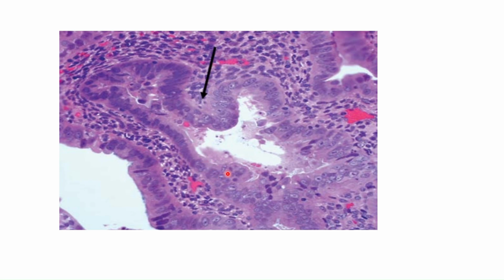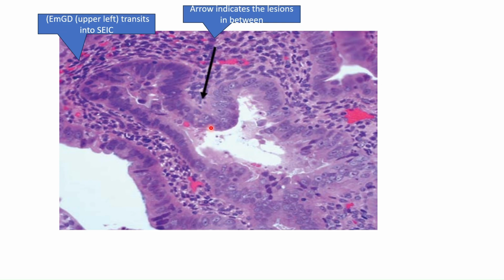So this section shows EmGD in the upper portion, and here the transition between these two patterns, and here it is the serous endometrial intraepithelial carcinoma. So the difference between these two is mild to moderate atypia here and severe atypia here.